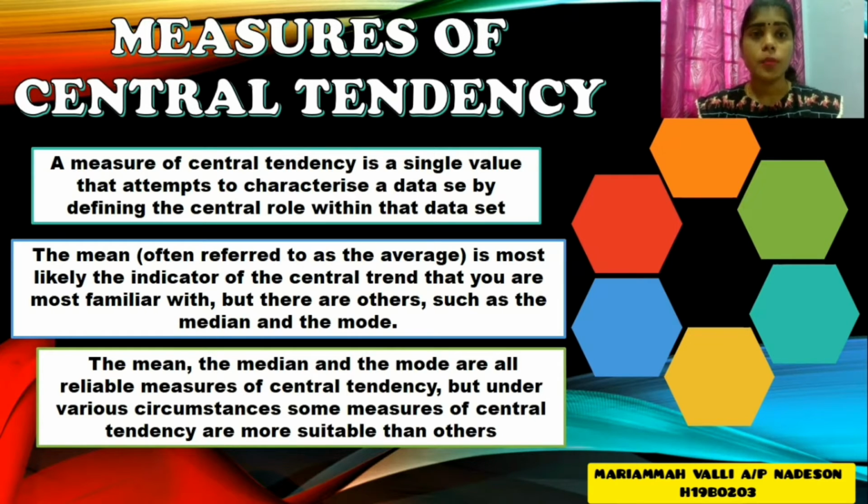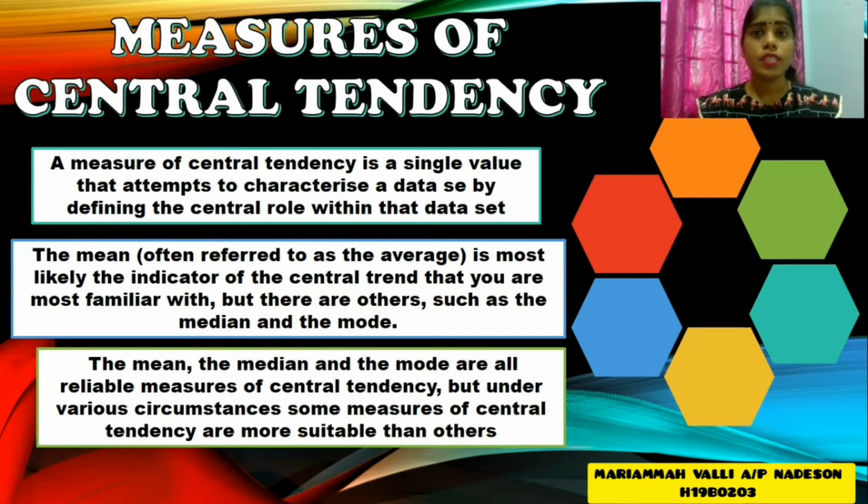The mean, the median and the mode are all valid measures of central tendency, but under various circumstances, some measures of central tendency are more suitable than others. In the following page, we will look at the mean, median and mode and learn how to measure them, and under what conditions they are best suited to use.